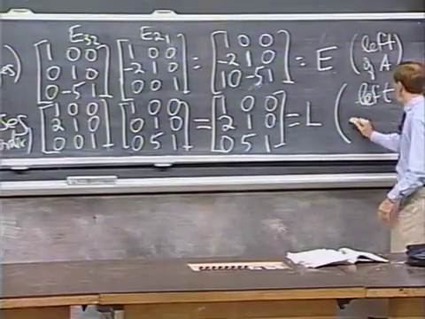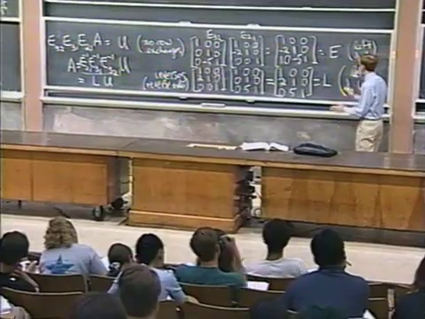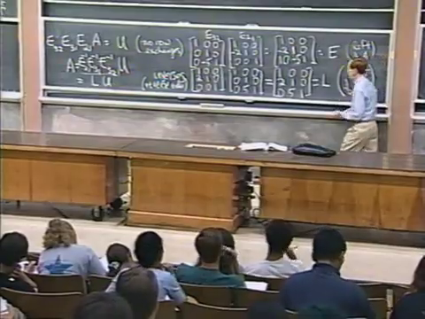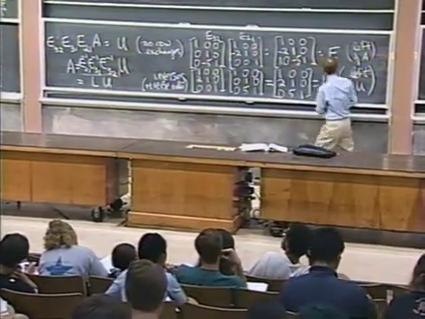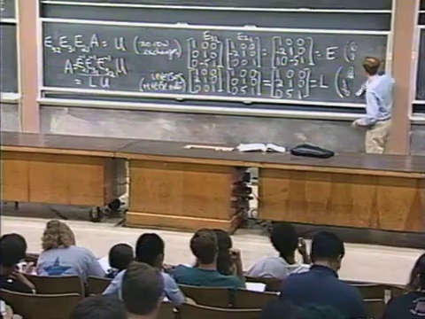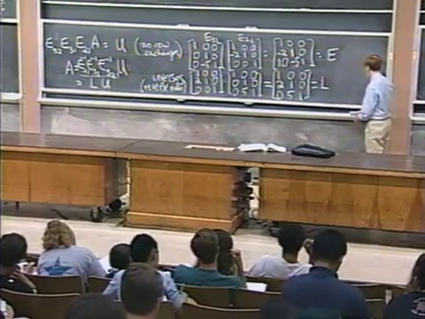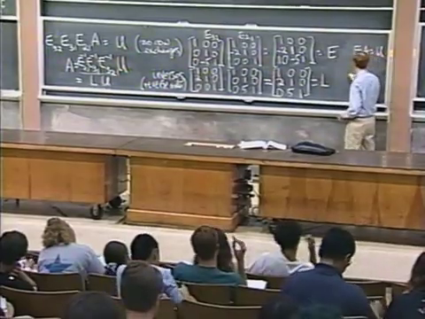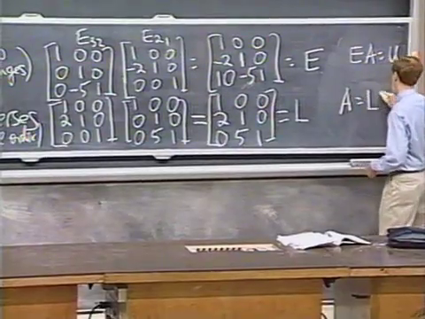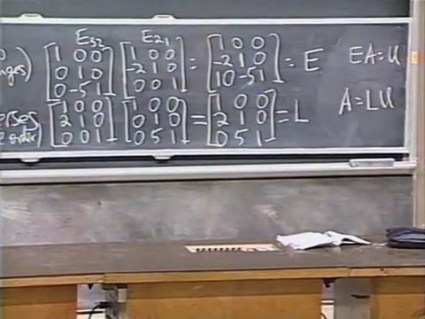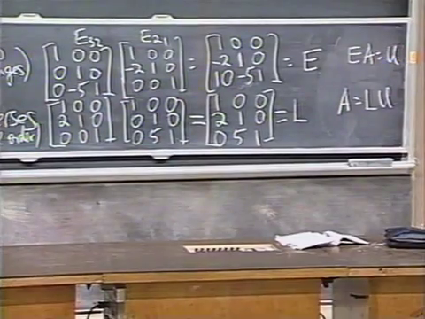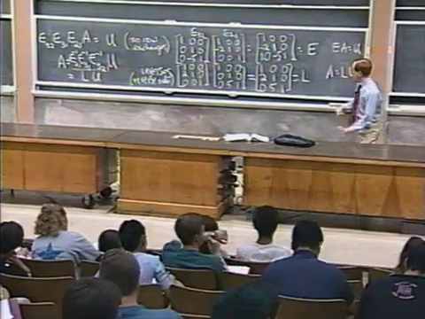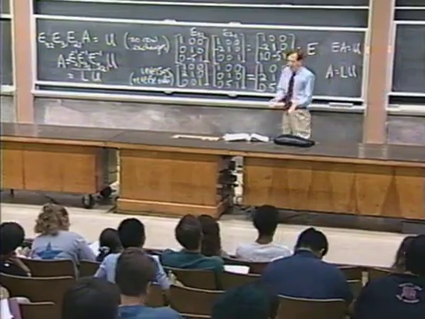It goes on the left of U. Maybe rather than saying left of A, left of U, let me write down again what I mean. EA is U, whereas A is LU. Let me make the point now in words. The order that the matrices come for L is the right order.